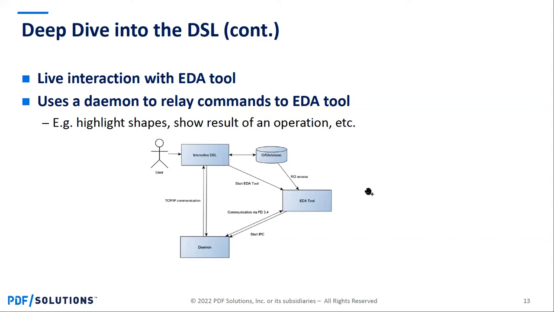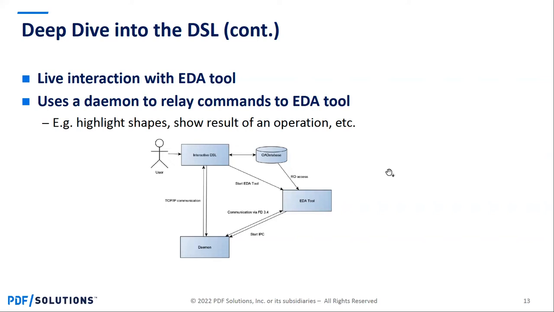So the user opens the interactive Ruby, and this Ruby shell will automatically start your EDA tool for you, and direct it to start an IPC process, so a process which actually starts a daemon. Now that EDA tool communicates with the intercommunication process, the IPC process, through these file descriptors 3 and 4.